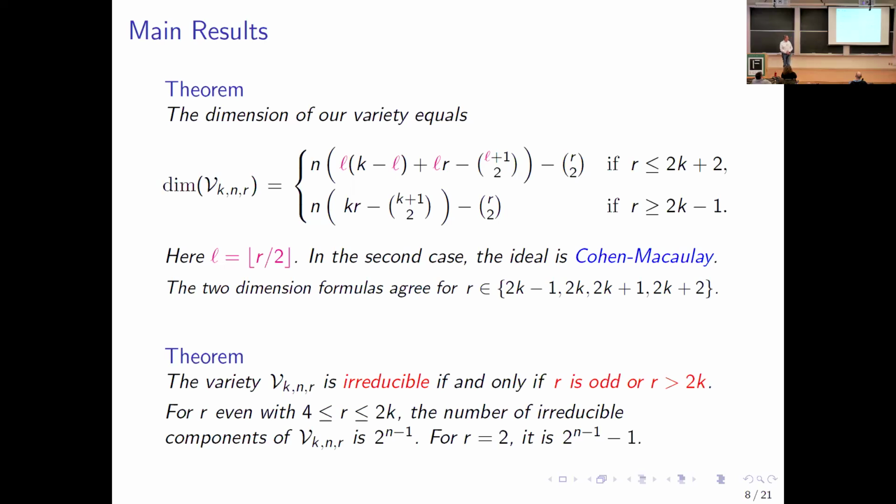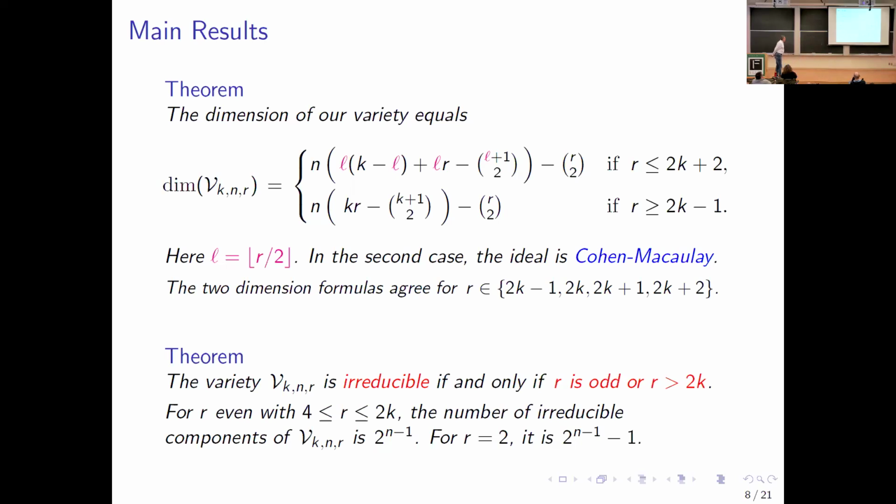Another theorem, it's a characterization. So when is it irreducible? Here's an if and only if. The variety for K and R is irreducible if and only if, a disjunction, either R is odd, it's always irreducible if R is odd, or R is at least 2k minus 1, or at least 2k plus 1.